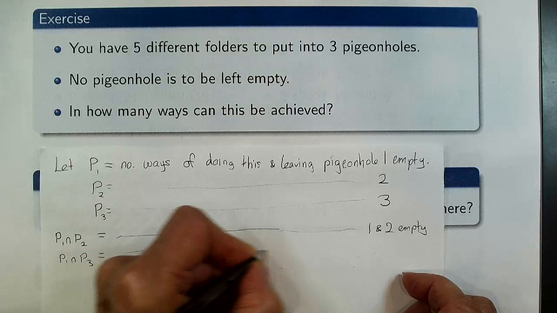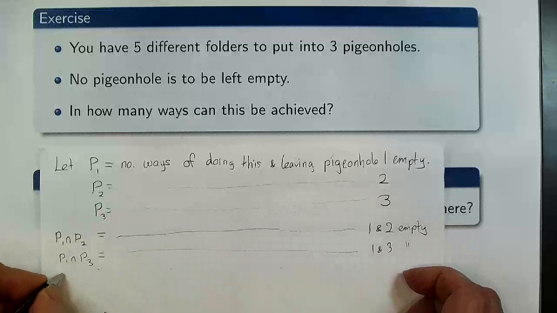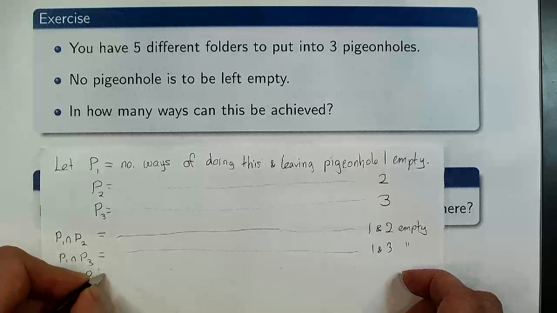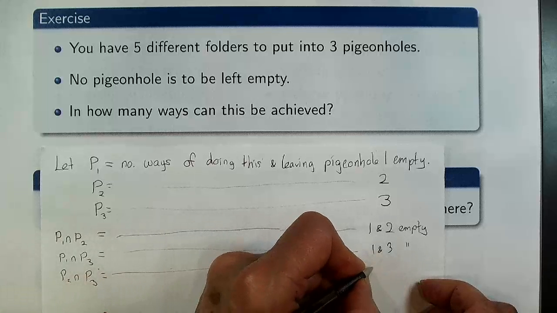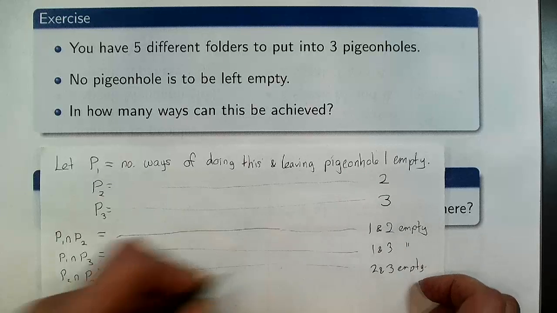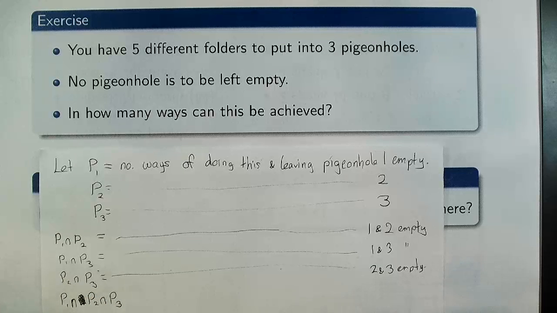That's the number of ways which leave pigeonholes 1 and 3 empty. And P2 intersect P3 is the set of ways which leave 2 and 3 empty. What's P1 intersect P2 intersect P3? The ways of leaving all of them empty.